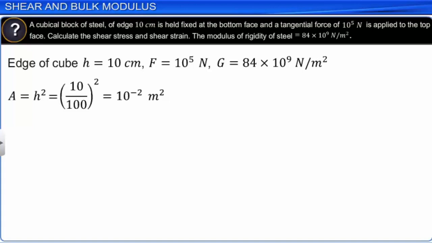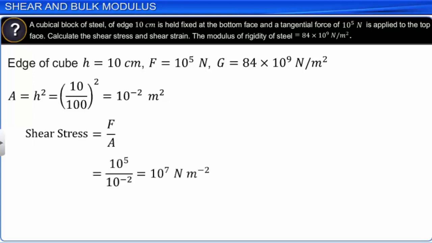Arranging the relation to solve for shear strain and substituting the value of G and shear stress calculated earlier, we get shear strain as 1.19 times 10 to the power minus 4. Remember, strain has no units.